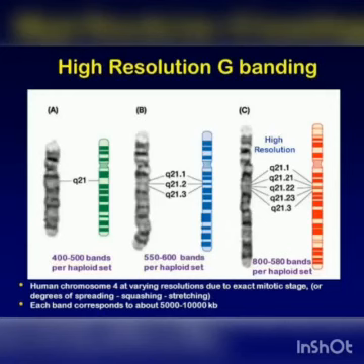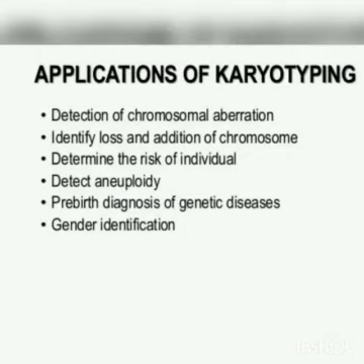Chromosome banding permits structural definition and differentiation of chromosomes. So what is the use of this karyotyping? Applications of karyotyping involve: number 1, it helps in gender identification.